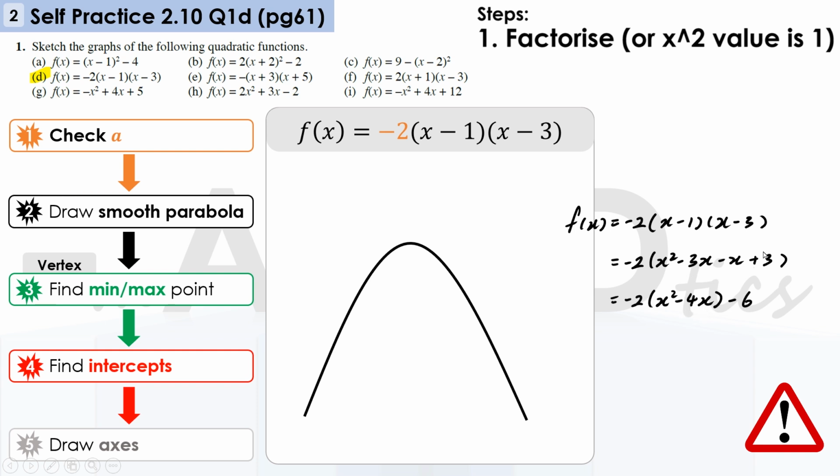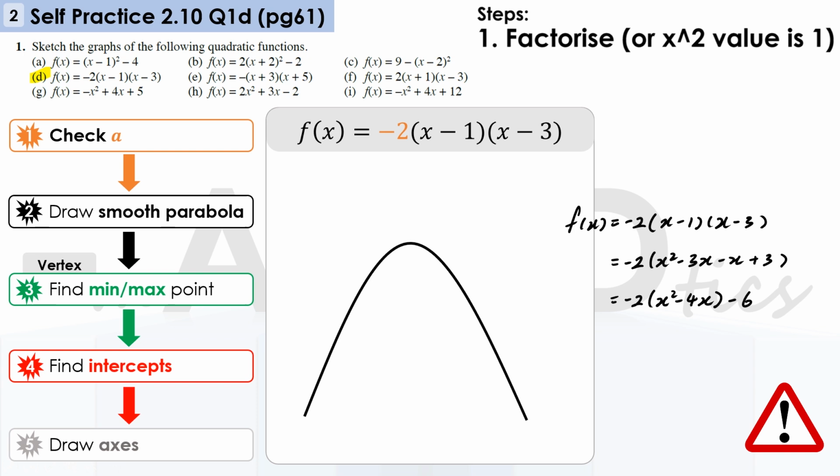But this 3, I want to make sure the things inside the bracket have the values that have x only. This 3 does not have x, so I need to take it out from the bracket. Here what I can do is multiply this negative 2 with 3. So outside the bracket there is the negative 6. This is my first step to make sure the value of x squared is 1.